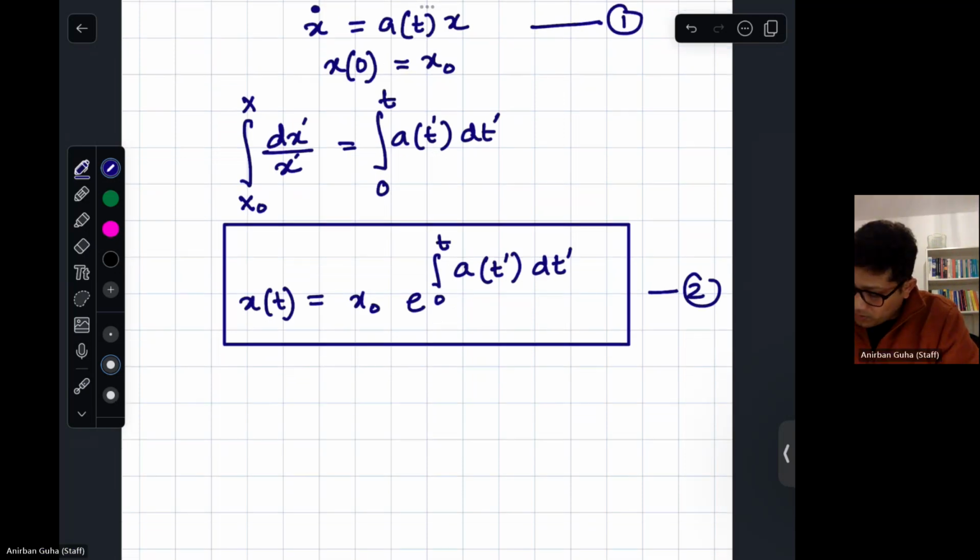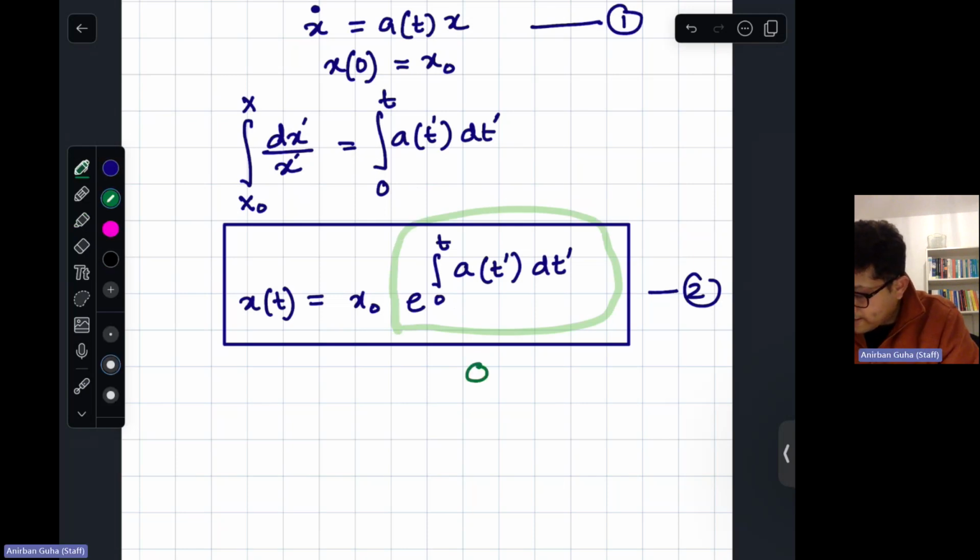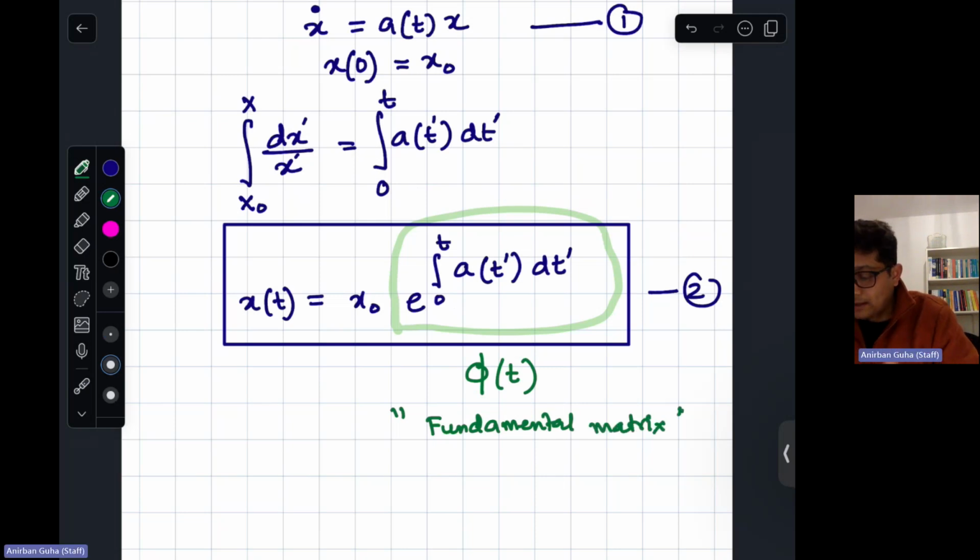Let's call this guy here phi of t. And what is phi of t? It is known as the fundamental matrix. Now you can say that in this situation it is a scalar for sure.